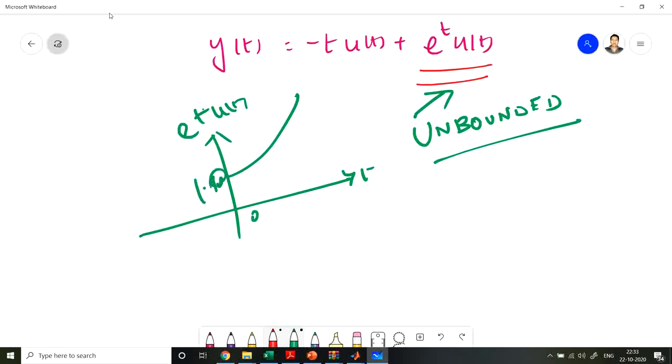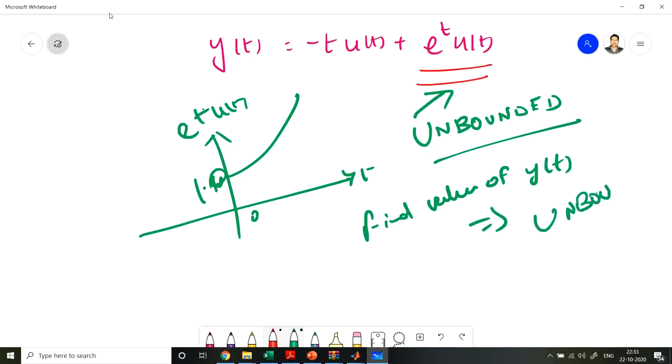At 0 the value is 1. The final value of y(t) is unbounded. So it is not equal to minus 1. It is unbounded. So the answer is unbounded.